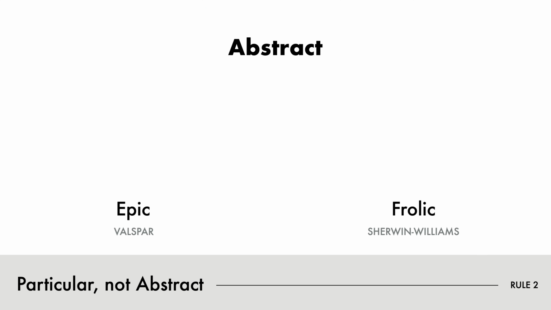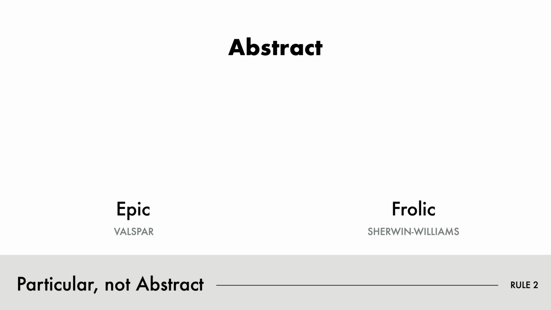The second rule is to be particular and not abstract. So here are 2 real colors from these paint manufacturers. And we have Epic and Frolic. So just think in your brains right now, what colors would they be? And my guess is that there's a wide variety of what people might think of for these terms.